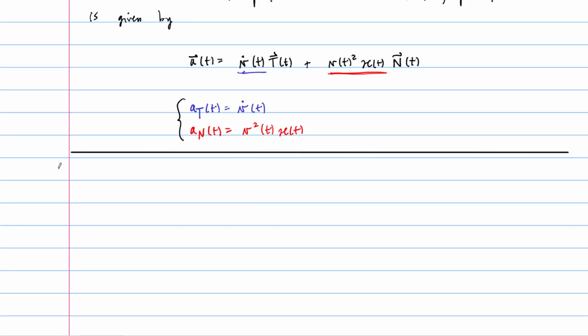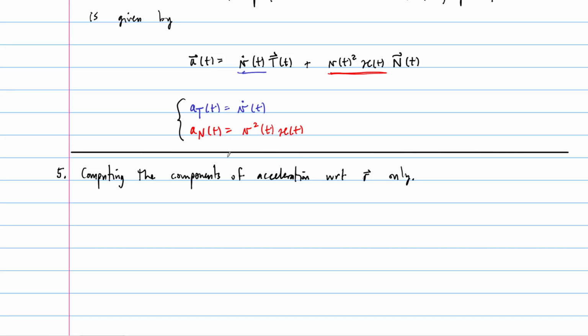So let's write down some formulas here for computing these with respect to r only. That's going to be our next step: computing the components of acceleration with respect to the position function r only. That's our job, and without having to reparameterize, right?